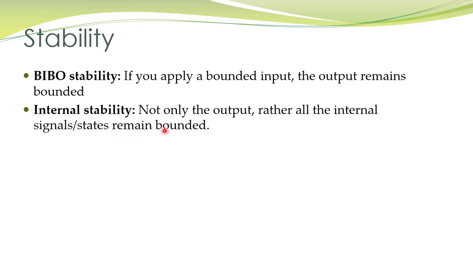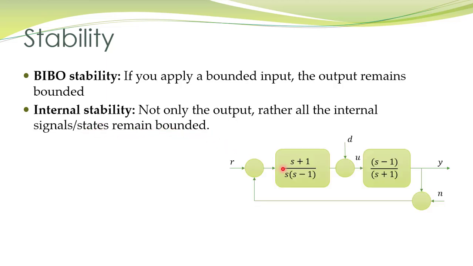remain bounded. That is, consider, for example, this system, and you can easily find the transfer function between this variable and this variable, which is given by this relation. And we can see that this transfer function is a stable transfer function. That is, if we apply some bounded input over here, this output will remain bounded.